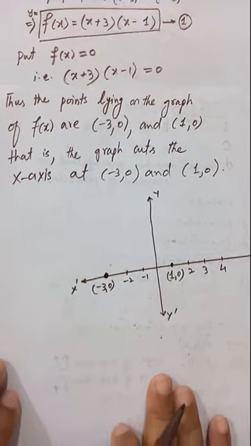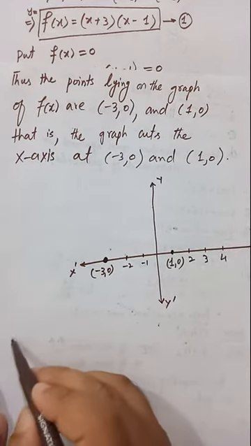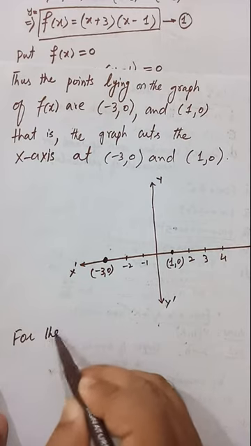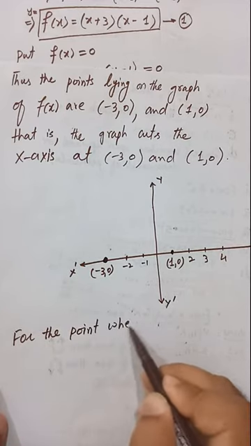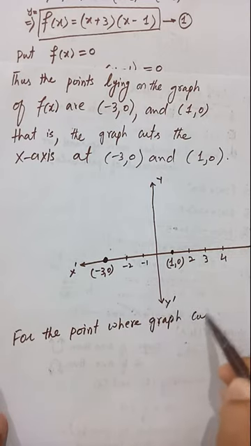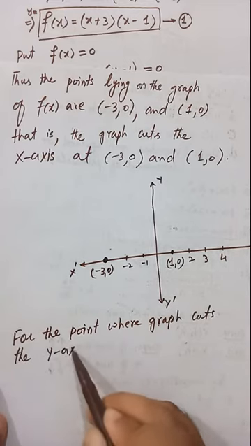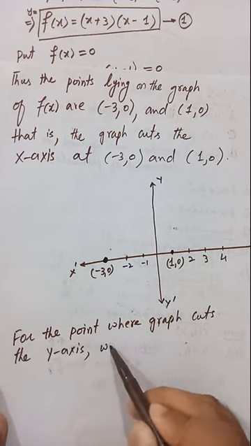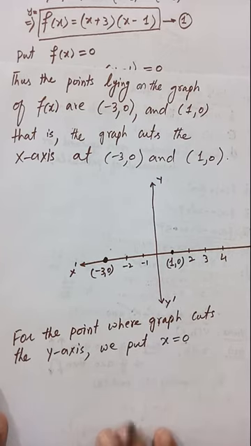Now for the points where the graph cuts the y-axis, we put x equal to 0, meaning for the y-intercept.